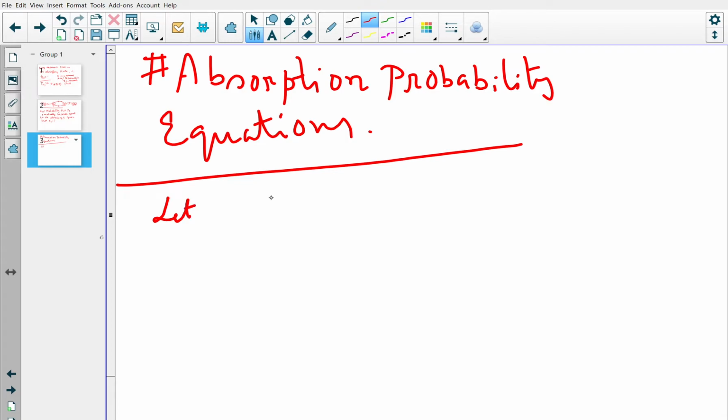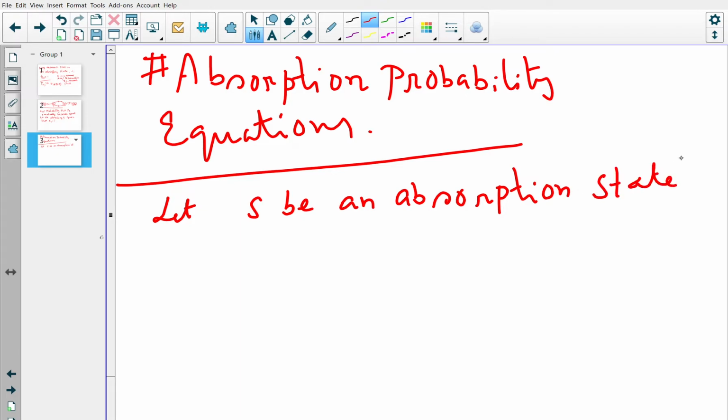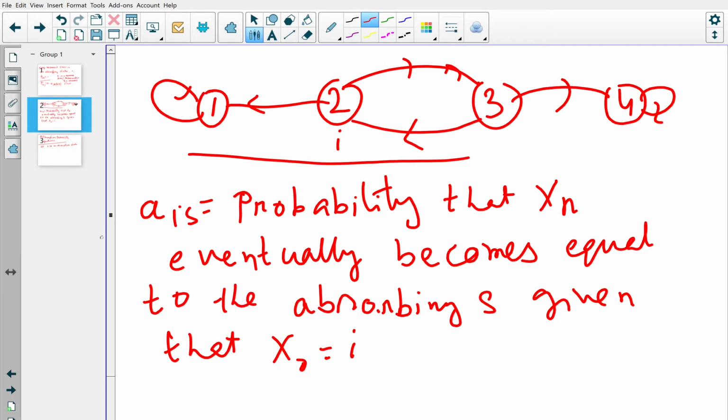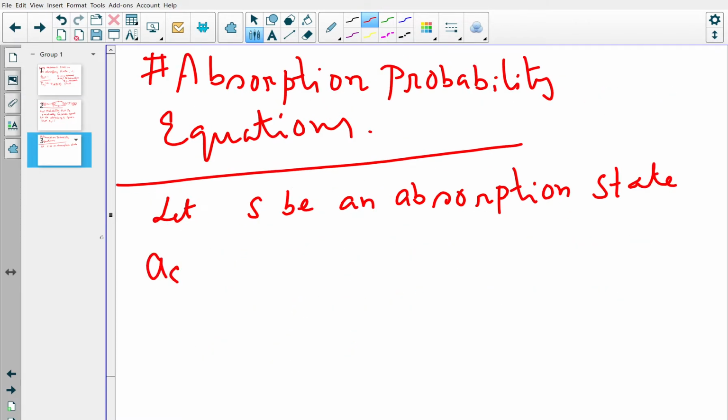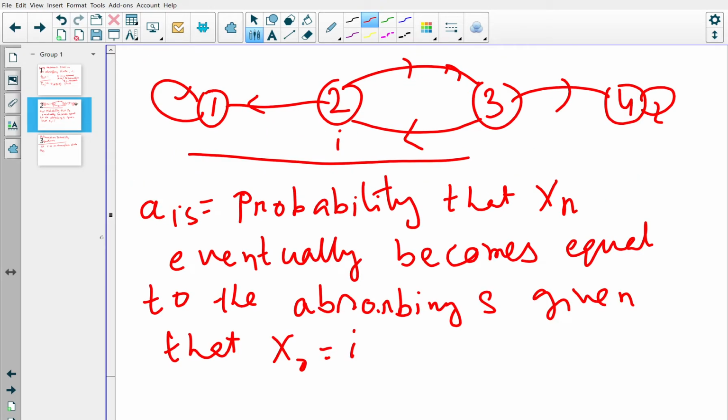Let s be an absorption state. Then, by the way I define a_i^s, if I want to find a_s^s, that means if I start with s, what is the probability that I will always be in s?